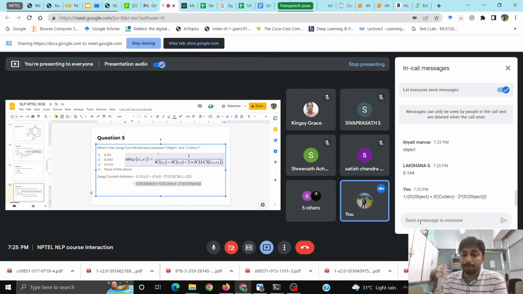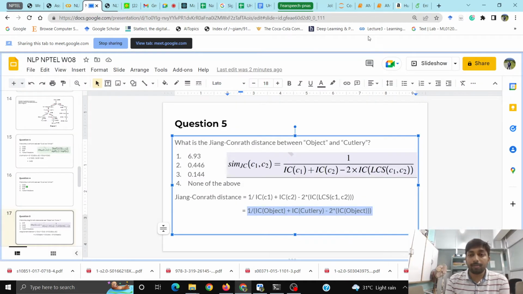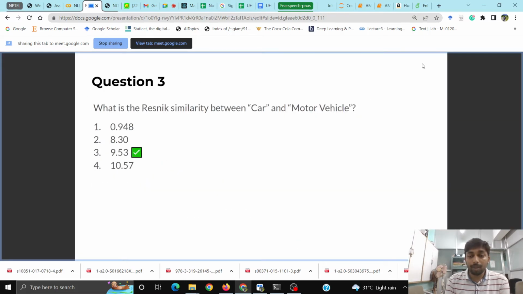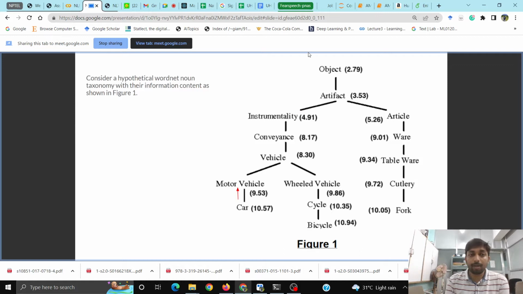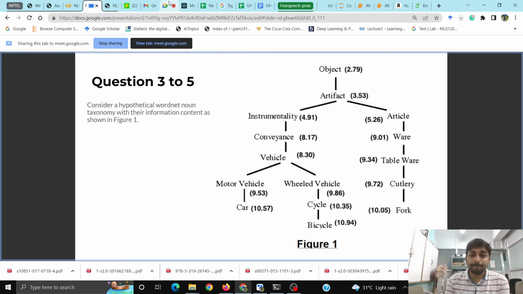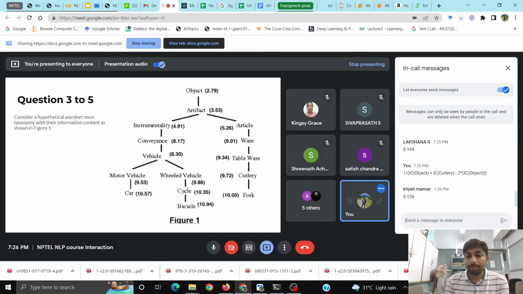Yeah, Lakshana. Okay. Anyone else from the ones who have not replied? If you are understanding, please try to solve the question because this may come in the exam. These are very easy questions, easier than the ones we had already in week 5 and 6. Using the formula I have given, try to solve this question.